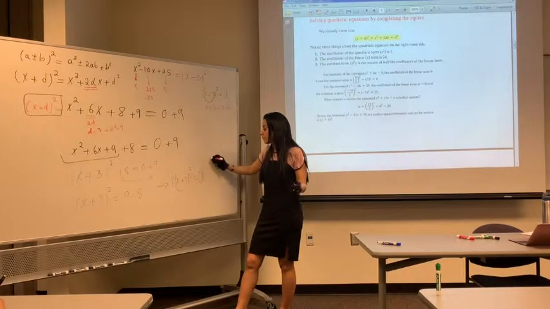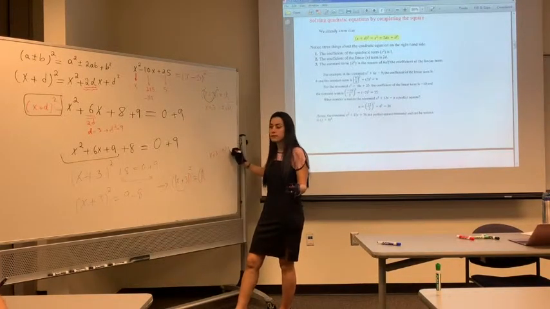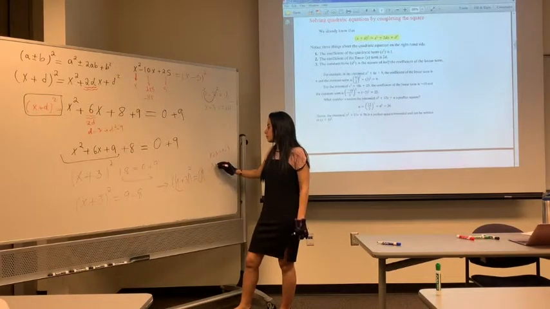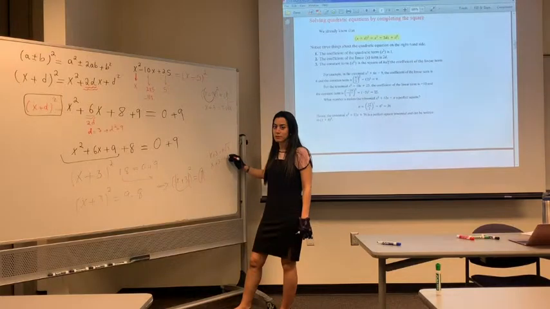So from here, x plus 3 is equal to plus and minus radical 1. Correct? x plus 3 is equal to plus minus radical 1, which is always 1, right?